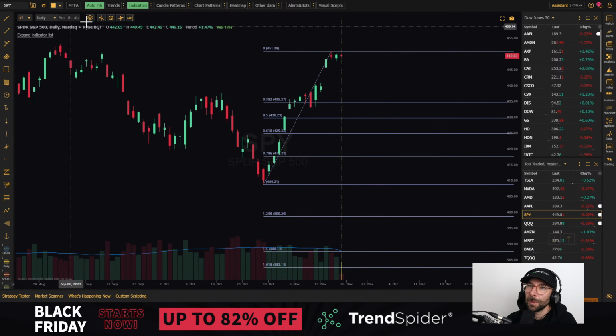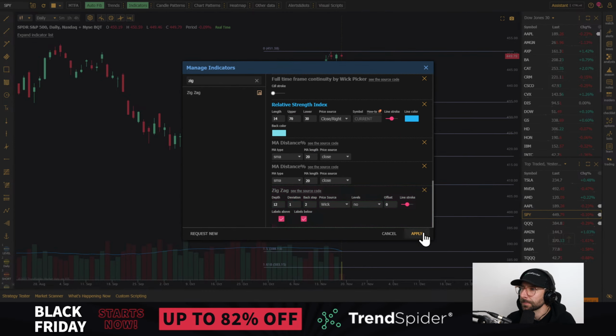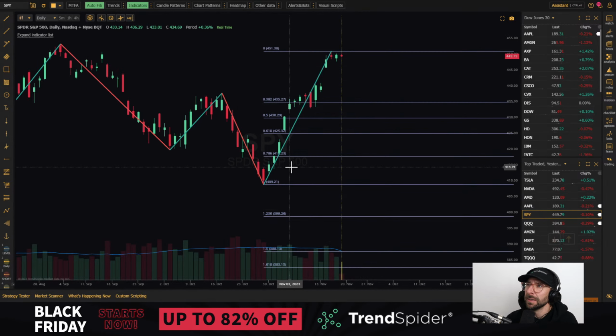Auto fibs are built essentially, let me grab a zigzag indicator so you guys can see. Auto fibs are built based off of zigzag. So they're going to draw on the most recently completed move. Zigzag is highlighting the most recently completed move per the time frame.